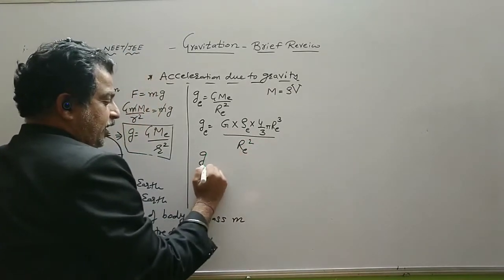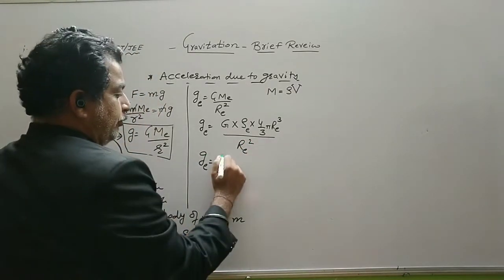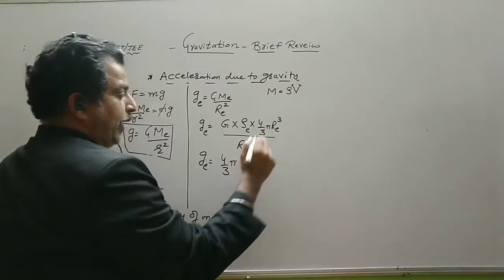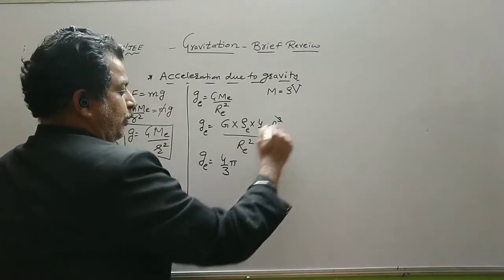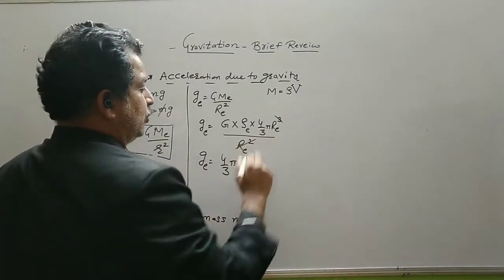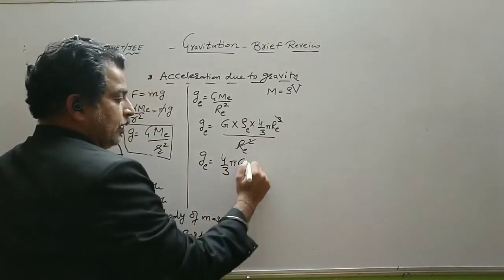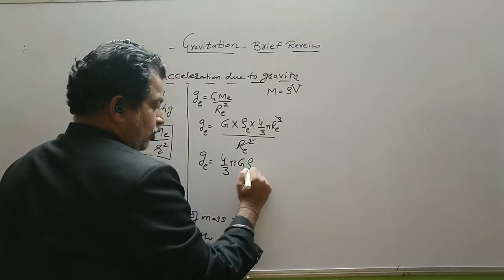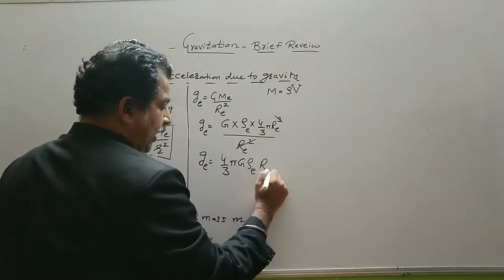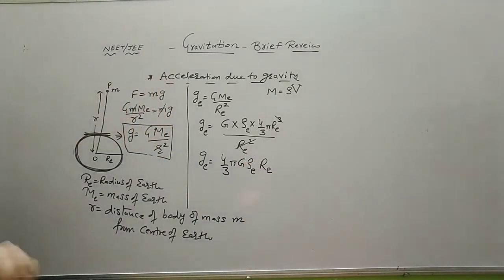Therefore g_E is equal to 4 by 3 pi, then R cube is cancelled with this R square. So 4 by 3 pi G rho_E R_E.